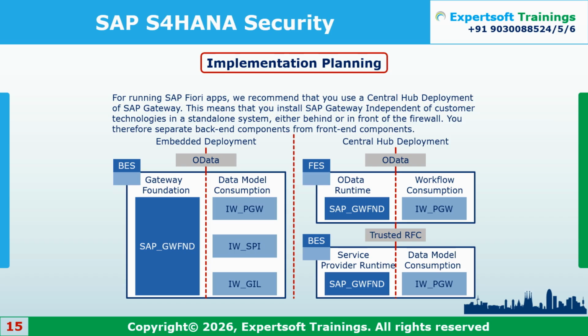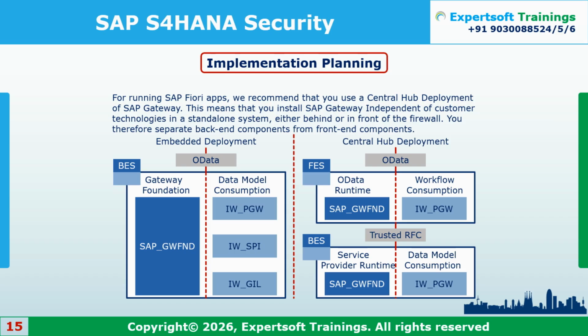The role design and everything will be the same, like whatever we did in embedded. Both are the same here, but if you are using central hub deployment, we can create a role in both systems, front end system and back end system. But coming to the embedded deployment, only one role we can create here.